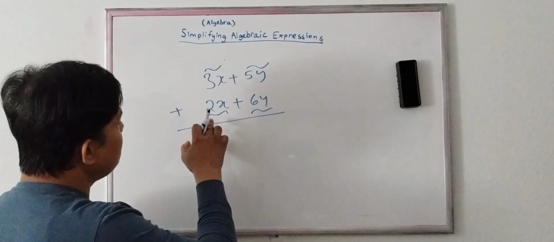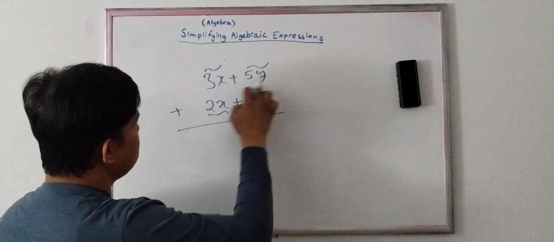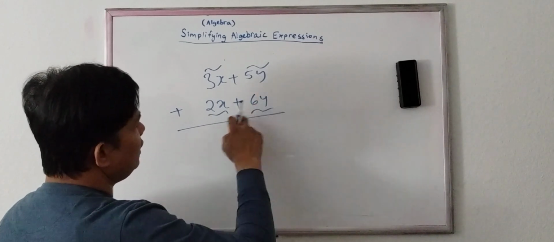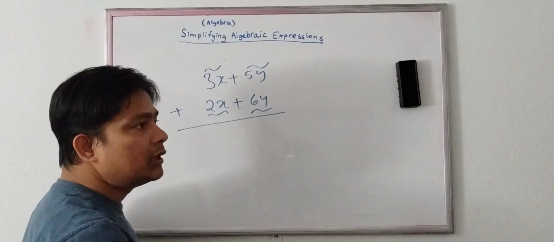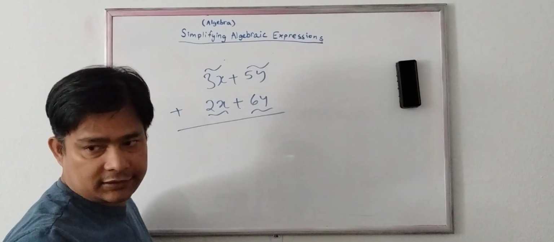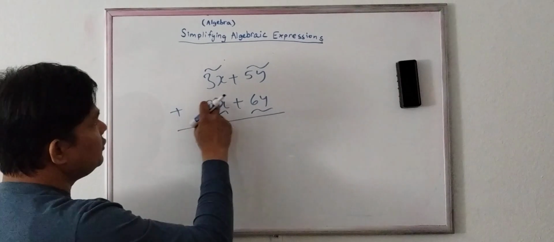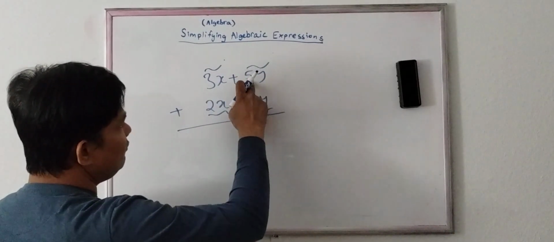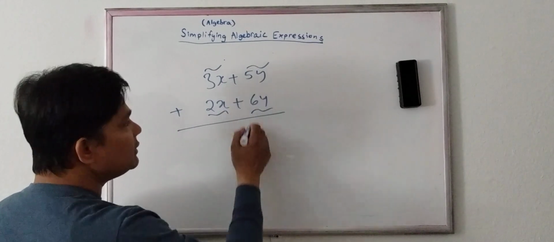Once you learn addition of two mathematical expressions involving more than one variable, you can apply the same thing for n number of variables. It's easy. So what we have to do is find which expressions have the same variables. Here, 5y and 6y.